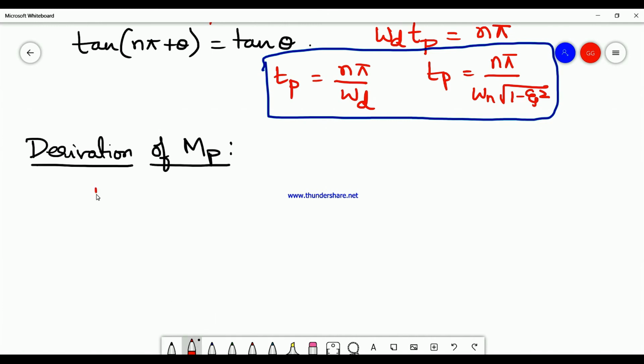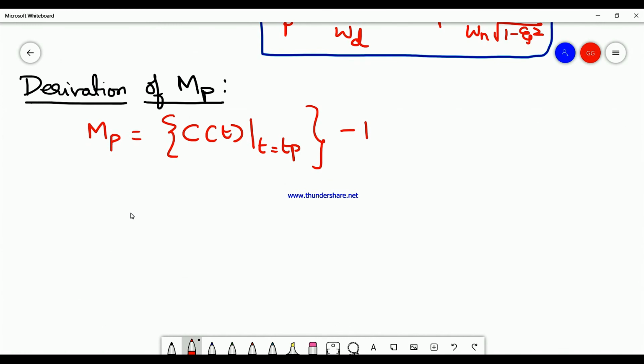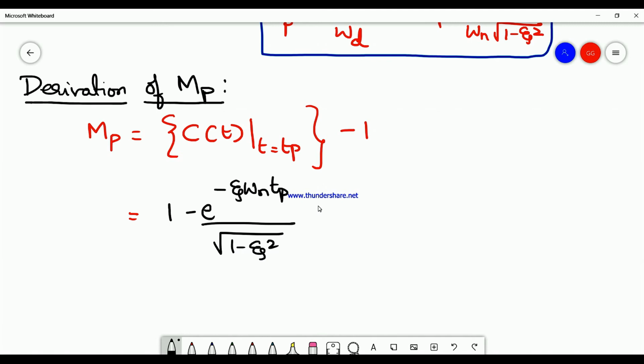We know that the maximum peak overshoot equals C of t at time t equals Tp minus 1, right? Therefore you need to take the C of t at time equals Tp, which is equal to 1 minus e power minus zeta omega n Tp, divided by square root of 1 minus zeta square, into sine of omega d Tp plus theta, and this is minus 1.